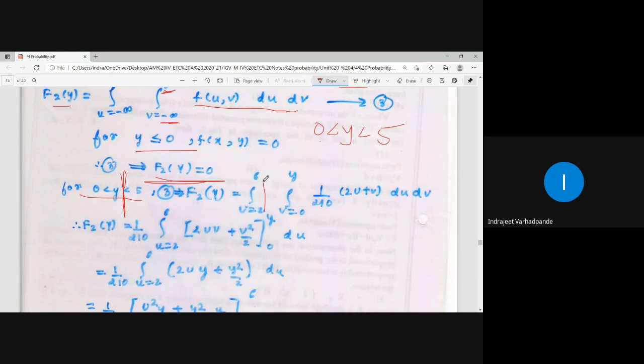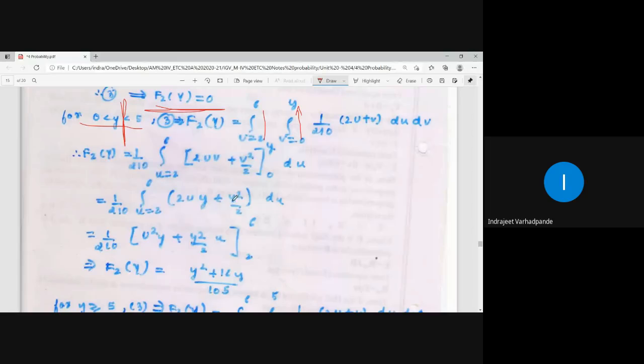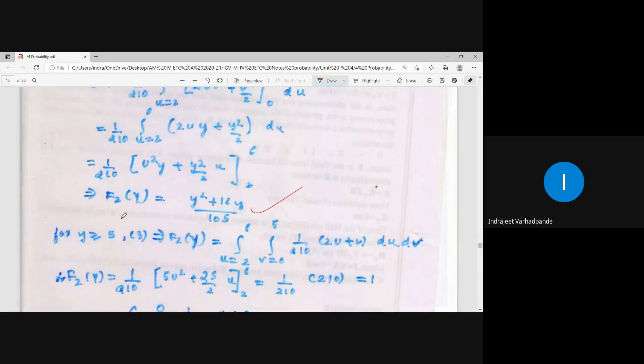For the range 0 less than y less than 5, integration to be done up to y. u will be 2 to 6, v will be 0 to y. Integrate पहले with respect to u, solve the integration, then integrate with respect to v, answer will be in the form of y. इसका डेरिवेटिव जब लिया जाएगा, अभी greater than 5 लोगे तो उसका रेंज आंसर कितना आएगा, ब्लाइंडली 1 आएगा, because it is integrated between 2 to 6 and 0 to 5.